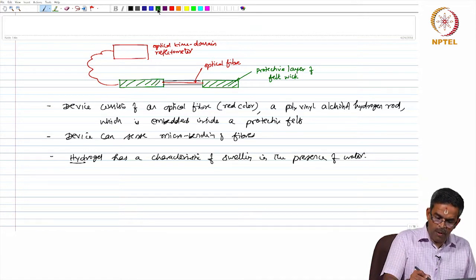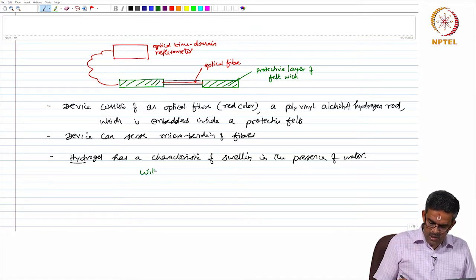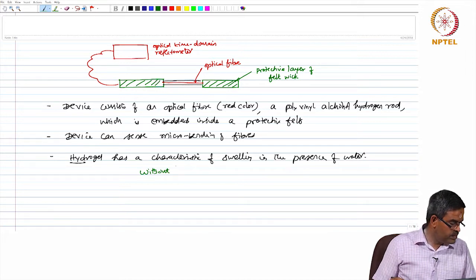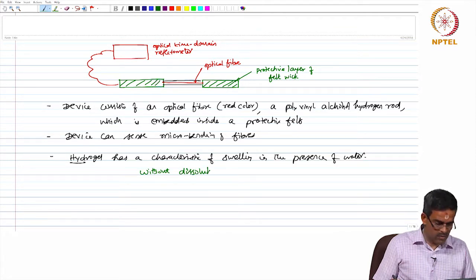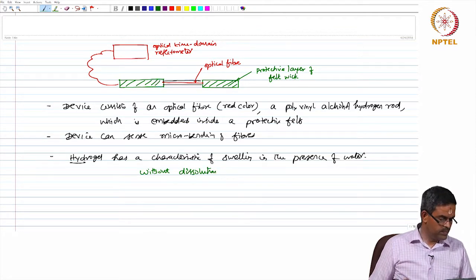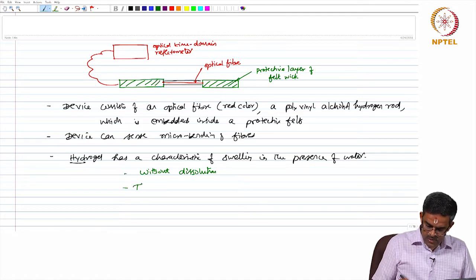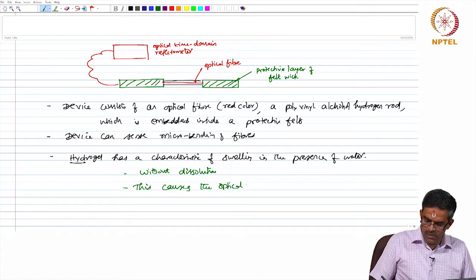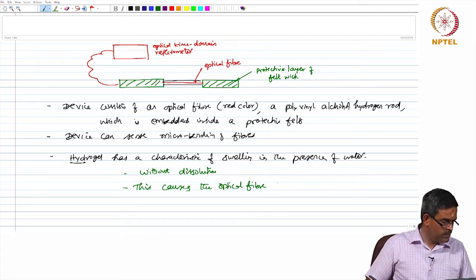The interesting property is it swells without dissolution, and this causes the optical fiber to undergo a micro bending.